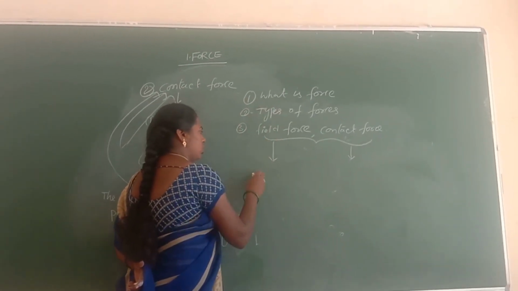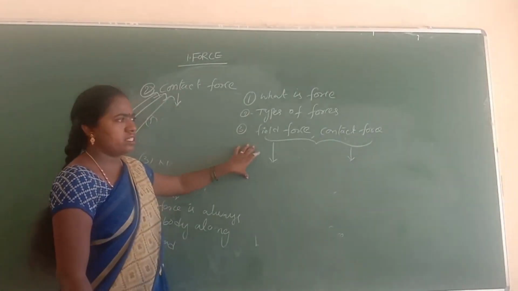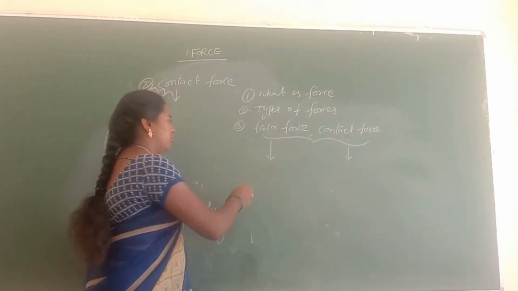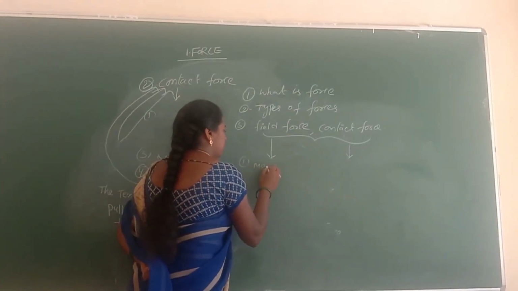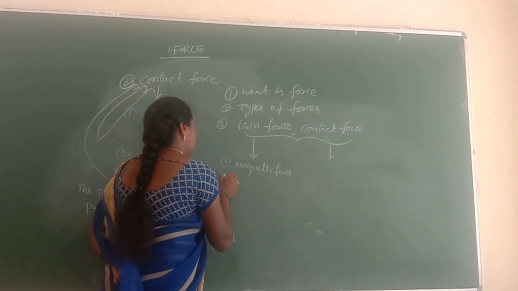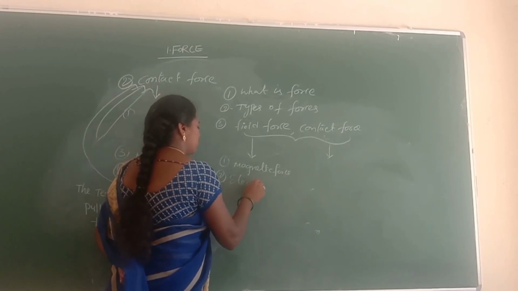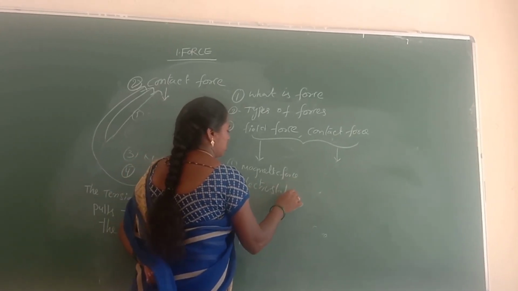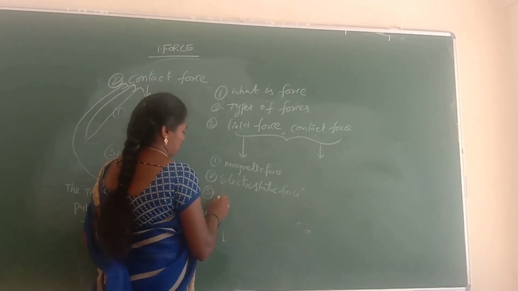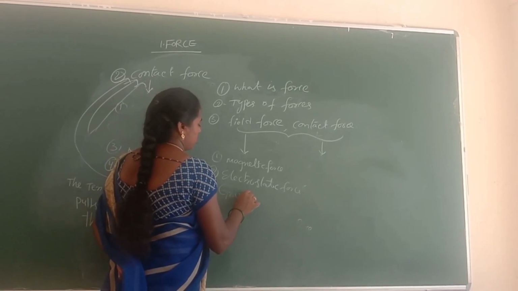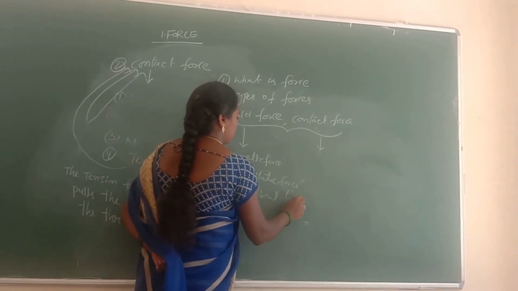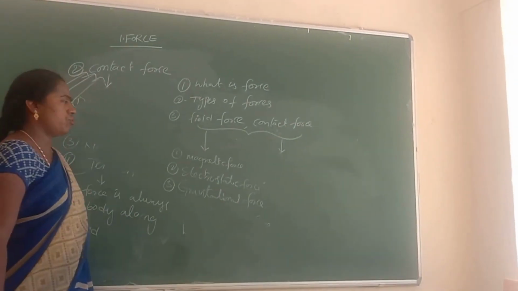Field force has three types. First one, magnetic force; second example, electrostatic force; and third one, gravitational force. These are three examples of field force.